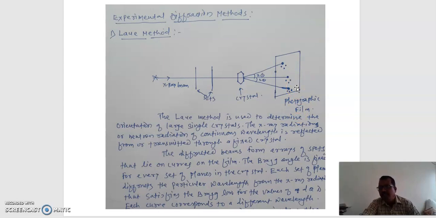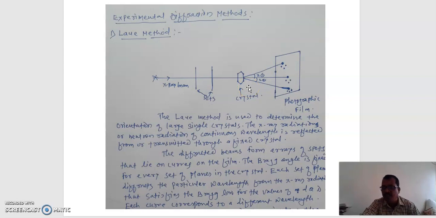In this experiment, the screen is placed in front of the crystal. In some experiments, the slit is placed in between source and crystal, but here the photographic film is placed beyond the crystal.